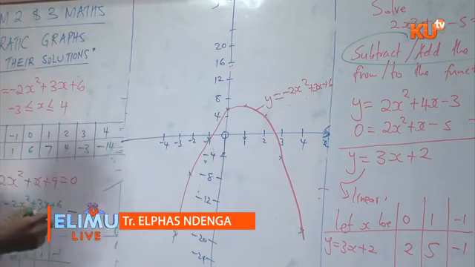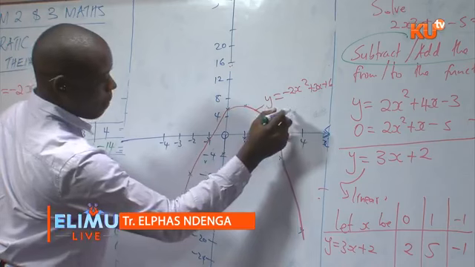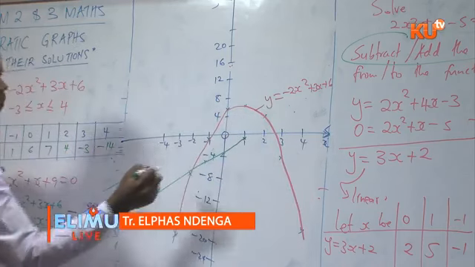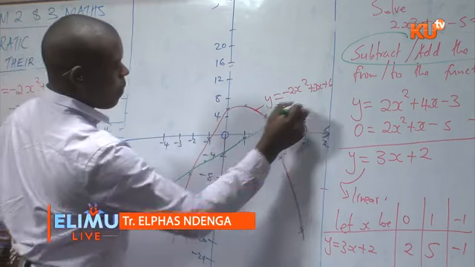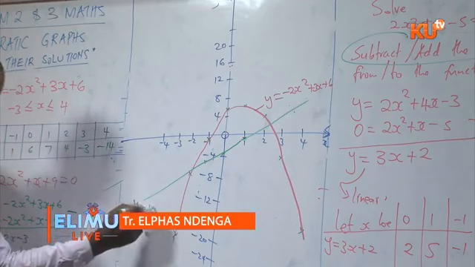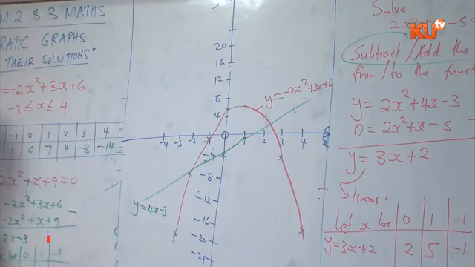Yes, now this is a straight line. You join using a ruler. Good. That is the line y is equal to 2x minus 3.